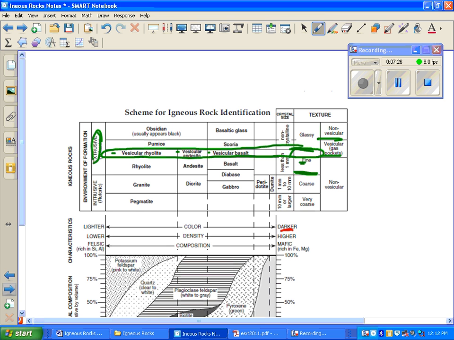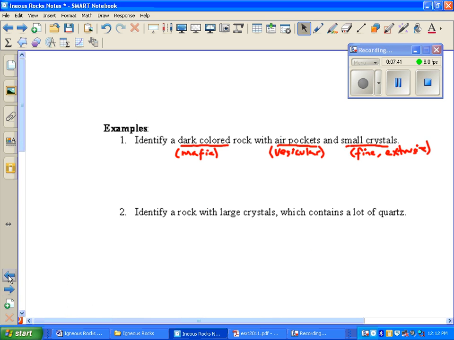Okay, so I know that if it's dark colored, it's going to be toward the right of this chart, so it's going to be in this side over here. And where those two overlap is right here with vesicular basalt. So I know that that one is going to be vesicular basalt. So we're going to identify it as vesicular basalt.